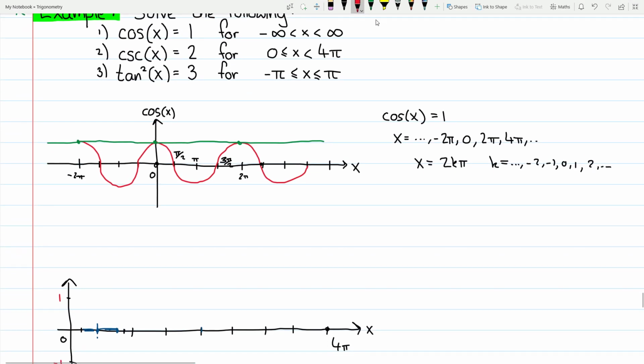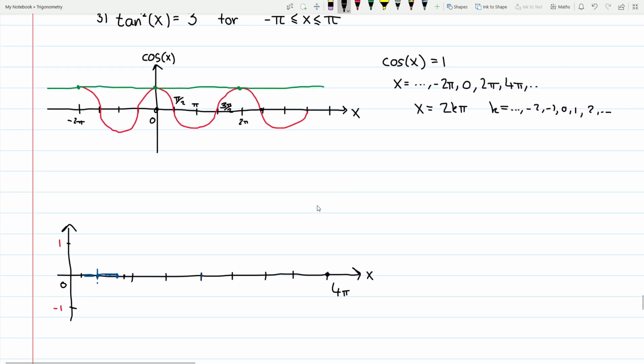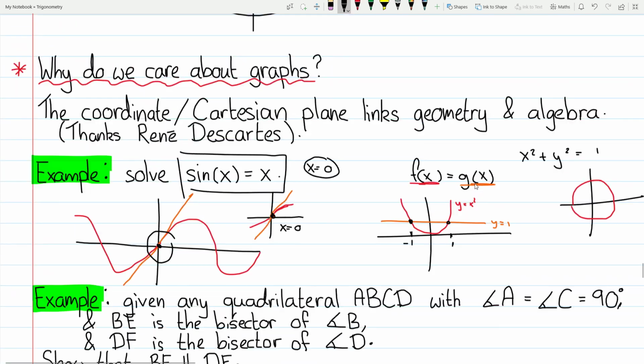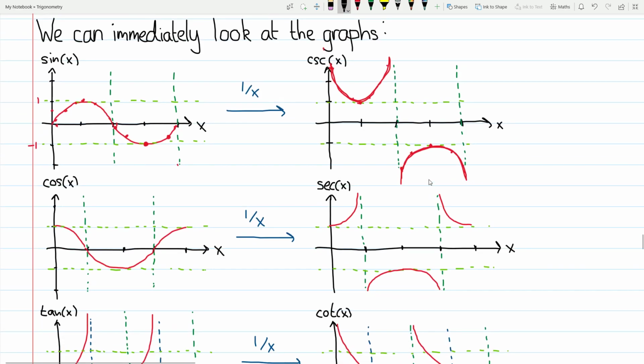The cosec. So here, cosec of x equals 2. Now, an interesting thing to note. We have the graphs of our cosecants and whatnot. So we could just have this graph, plot the points at which it equals 2, and then find all these intersections, but that's quite difficult.